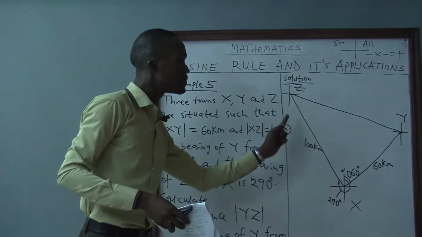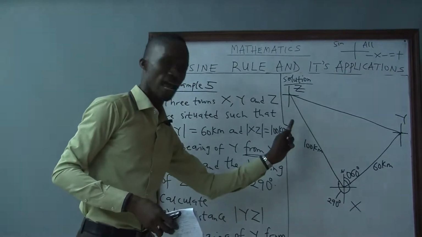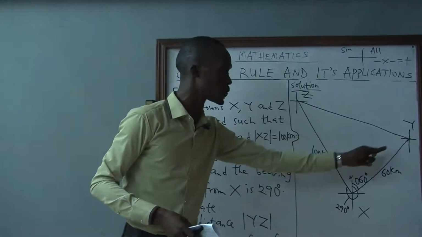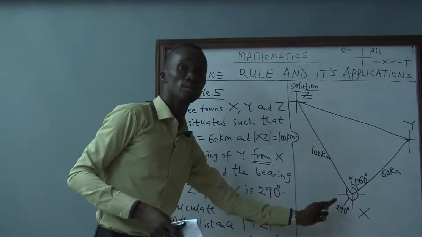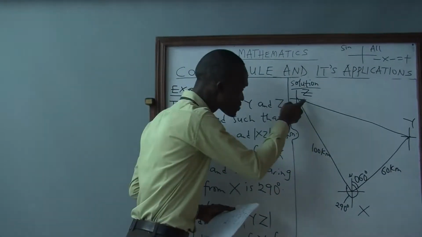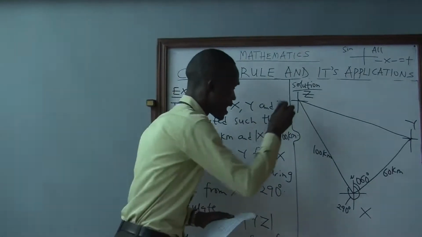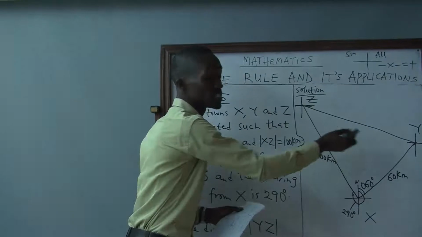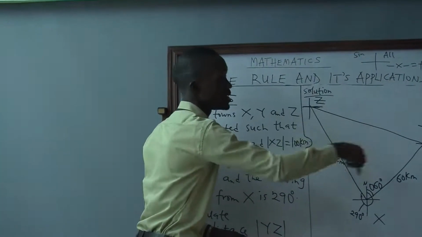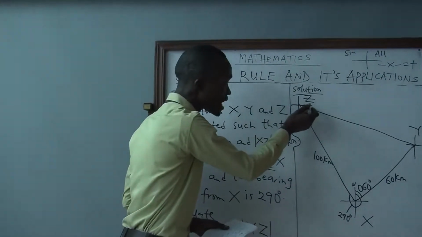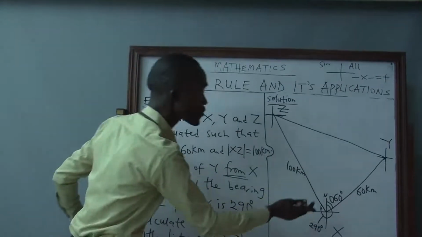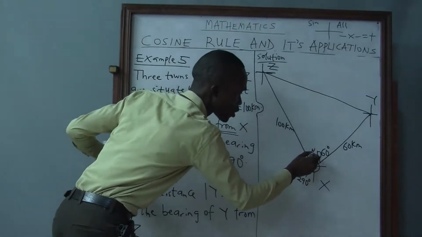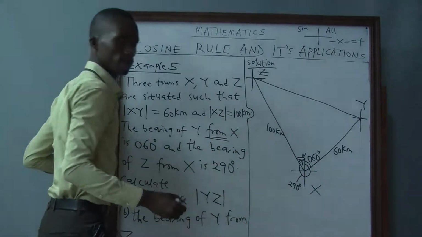If we use the same length that we use for 60 kilometers for 100 kilometers, we will not know that there is a small angle A. I'm talking about this angle A. If you use the same length of line to represent that, this angle will not show. So from there, we need to get the angle A. Let me call it angle alpha.